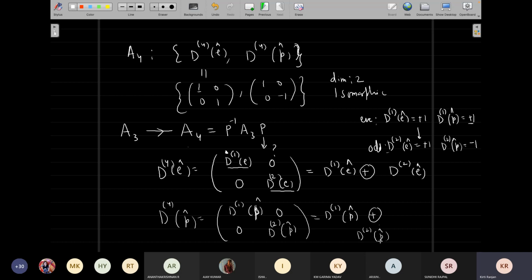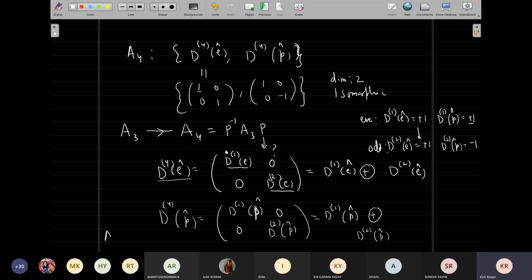What I have done is I am breaking down my representation which we got in A4 as some sort of sum of the original representations, which I get D1E and D2E. And I can do it consistently for both the elements. It's not only for one element, it is for both the elements.